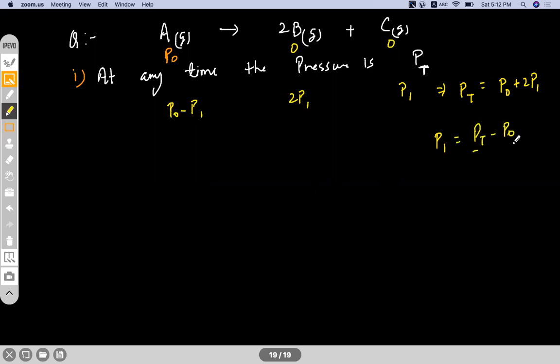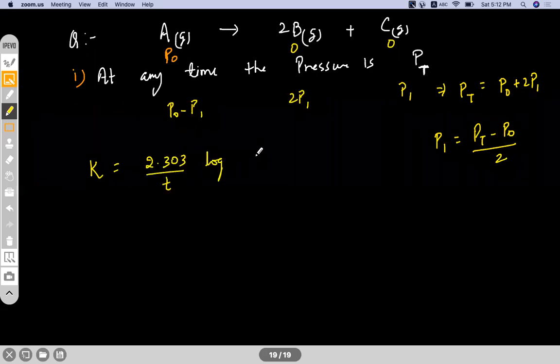naught divided by 2. Now the expression of K for this reaction is 2.303 by T log of P naught by PT, that is P naught by P naught minus P1.